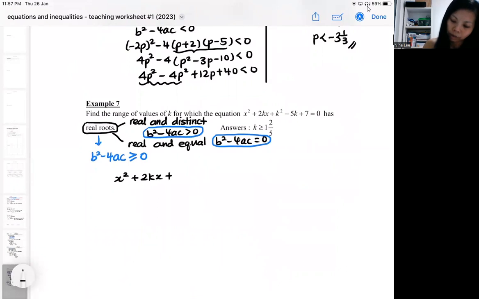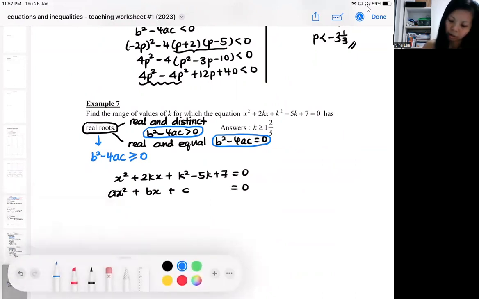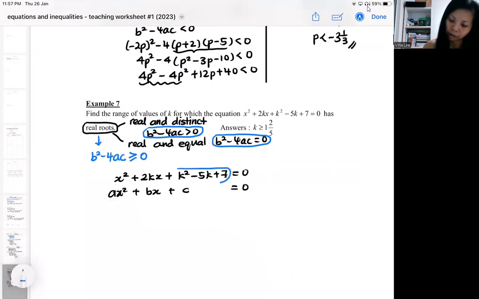Okay, so again, let's explore the equation first. The equation looks very huge, but if you look real carefully, you realize that this whole chunk doesn't have your x at all.